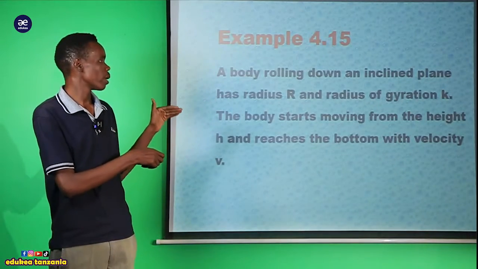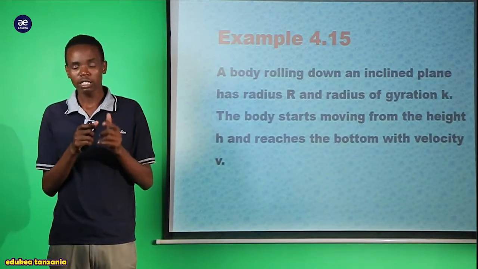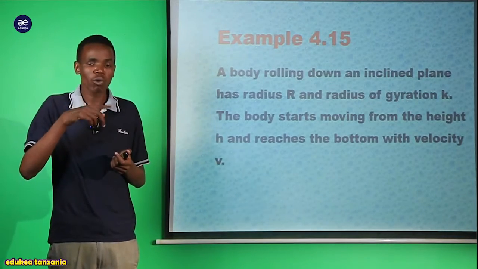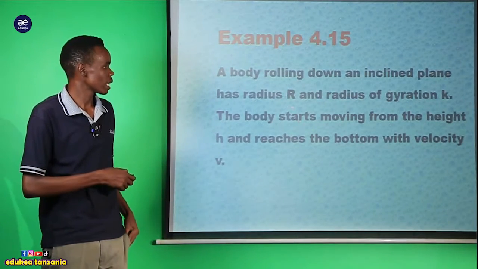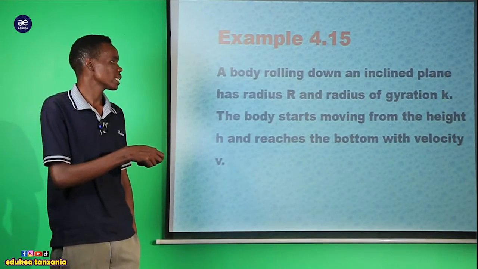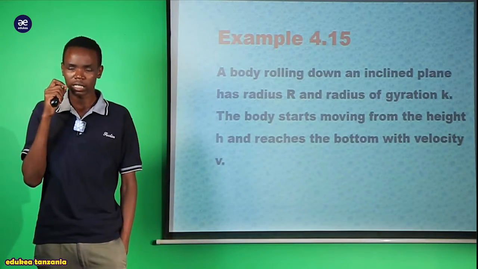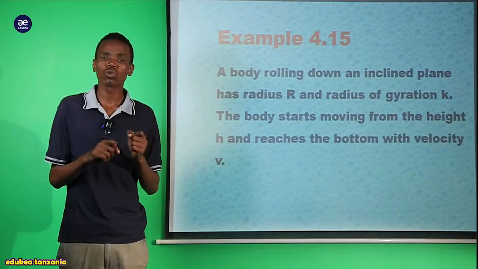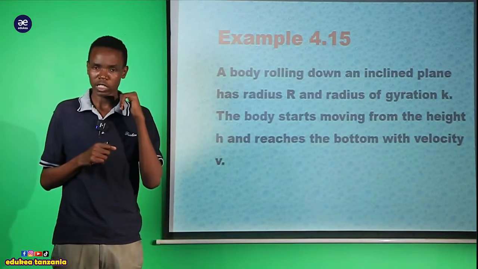Now assume a body rolling down an inclined plane. We have the body, and that body tries to roll downward on an inclined plane, having the radius r and also the radius of gyration. That body contains two radii, the radius r and the radius of gyration that we tried to see in the past lectures.